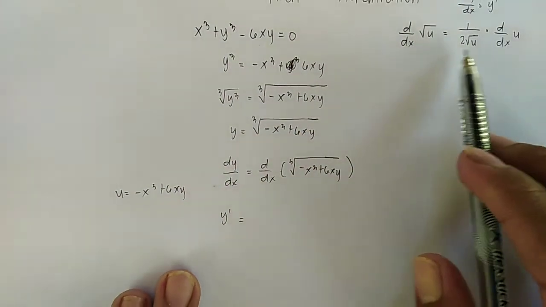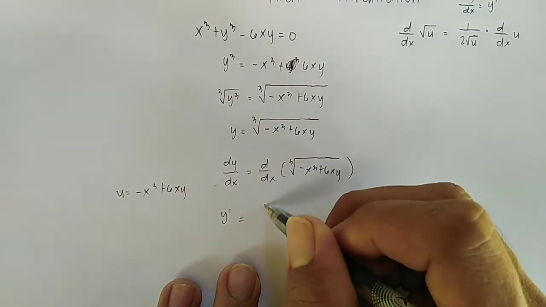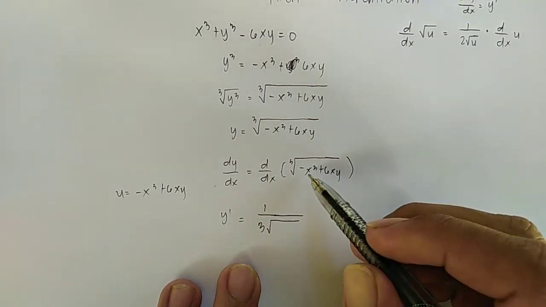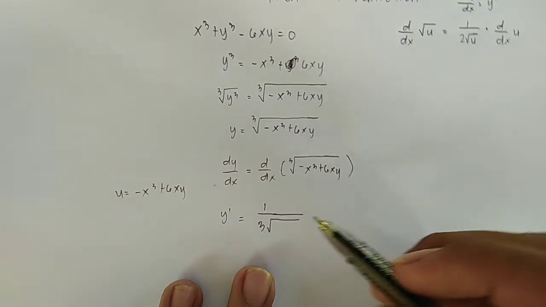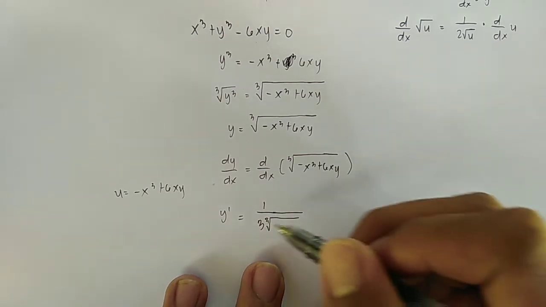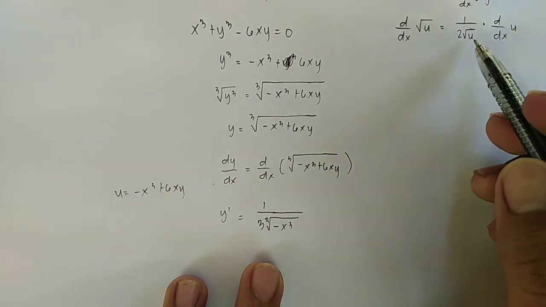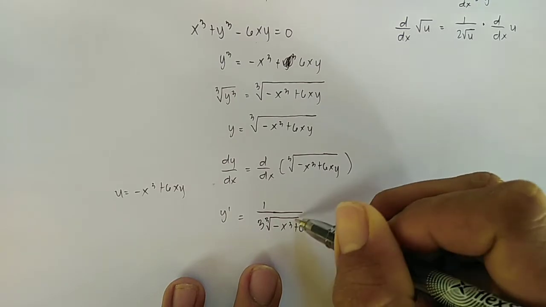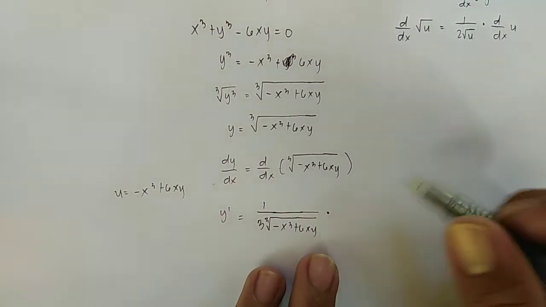Following this rule for differentiation, since this is a cube root, you will get 1 over 3 times the cube root of our u, which is negative x cubed plus 6xy, squared in the denominator, then multiplied by the derivative of u.